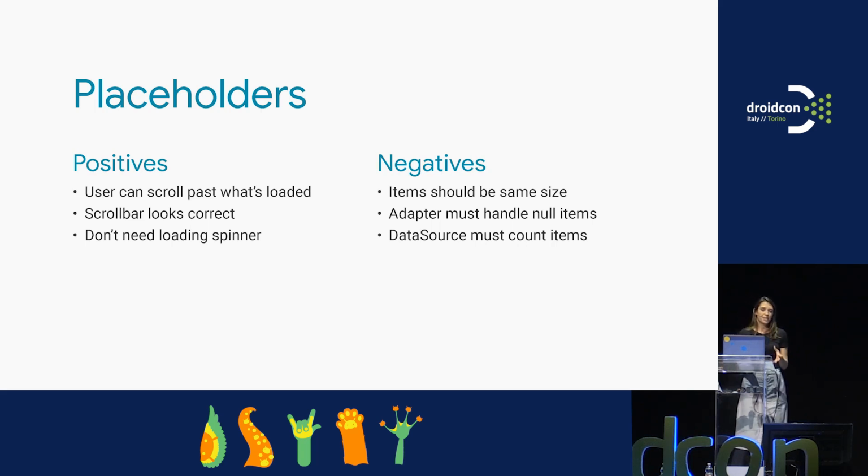But most of all, the data source needs to count the items, because based on that, it knows how many items it should return. And not all data sources are countable. So if you're working with data from the database, Room will know how to count these items. But if your data comes from the network, maybe your response doesn't tell you how many items to expect.